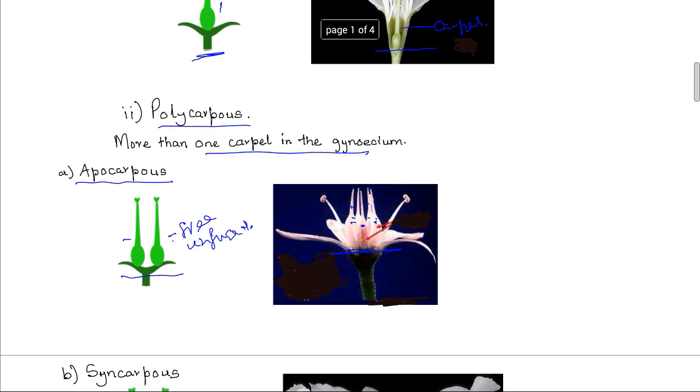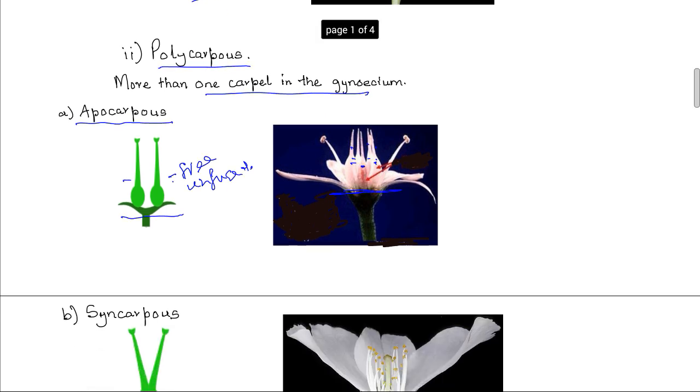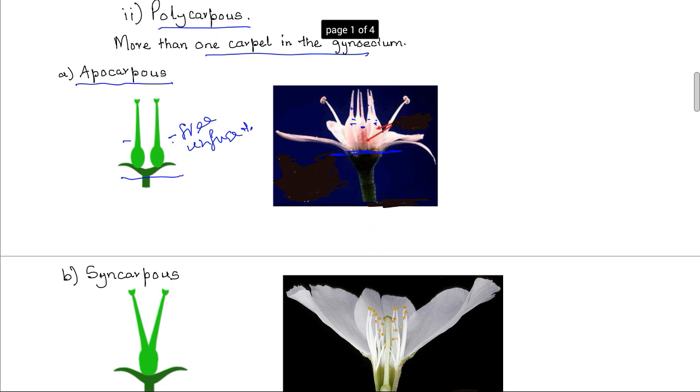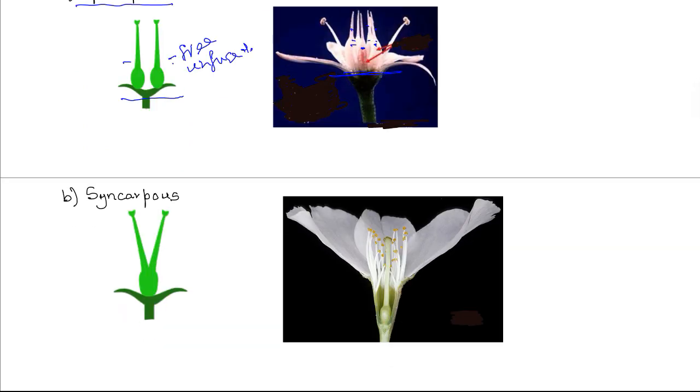The other type of polycarpous gynoecium is known as the syncarpous. In syncarpous gynoecium, the carpels that are present are fused. So you have fused carpels, and this is how they look in a typical flower.